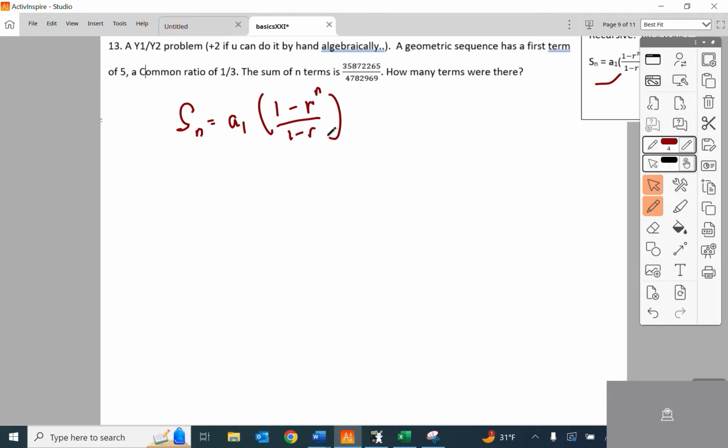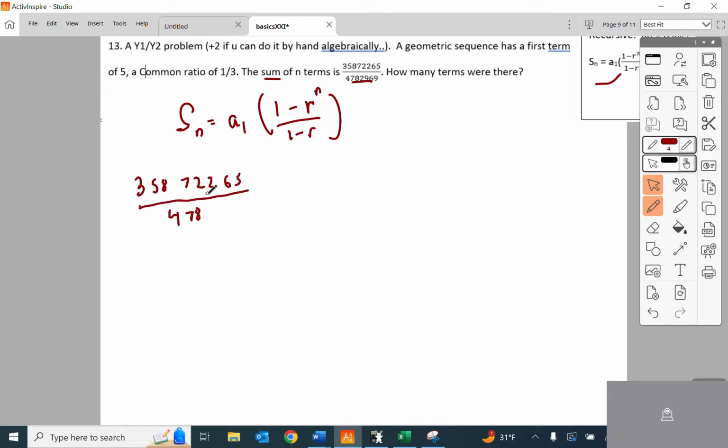I don't have a clue how many things there are. So the sum of x things is the first term, which is 5. Sorry. I don't have a clue how many there are, but I do know the sum. It says the sum is 3,587,226,5. I don't think this fraction simplifies anymore.